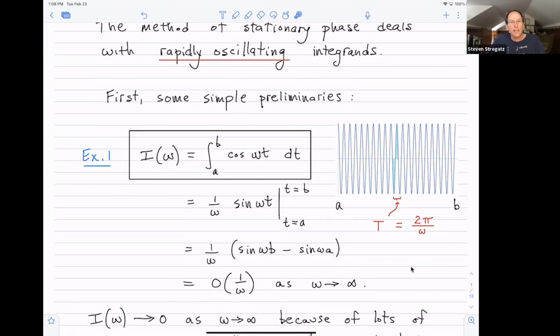And intuitively, that should make sense because 1 over omega sets the scale for the period. 2 pi over omega would be the period of the oscillations. And so to the extent that the waves don't exactly cancel out their contributions, they will tend to make an error on the order of one of these spacings, something on the order of 1 over omega.